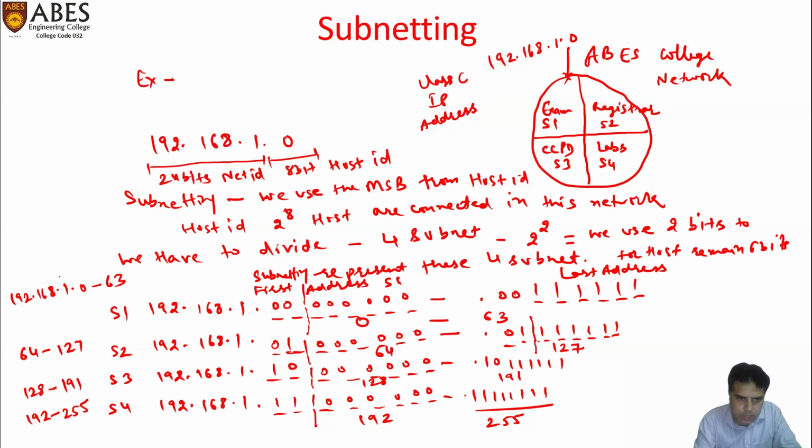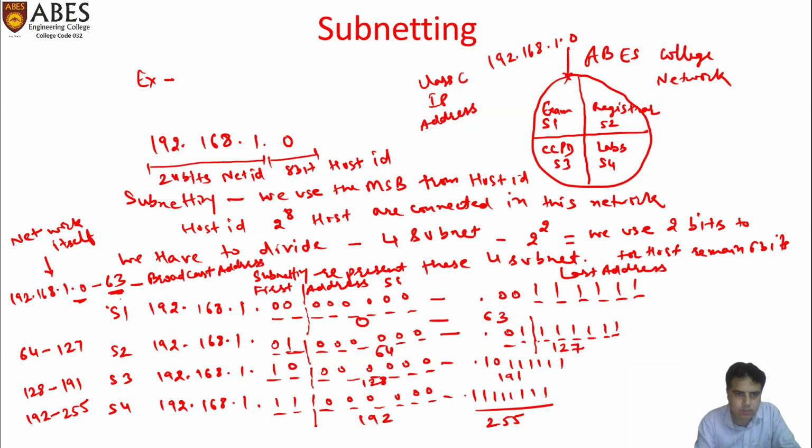The first address is used to represent the network itself, and the last address is used for broadcast. It is the broadcast address for the subnet S1.